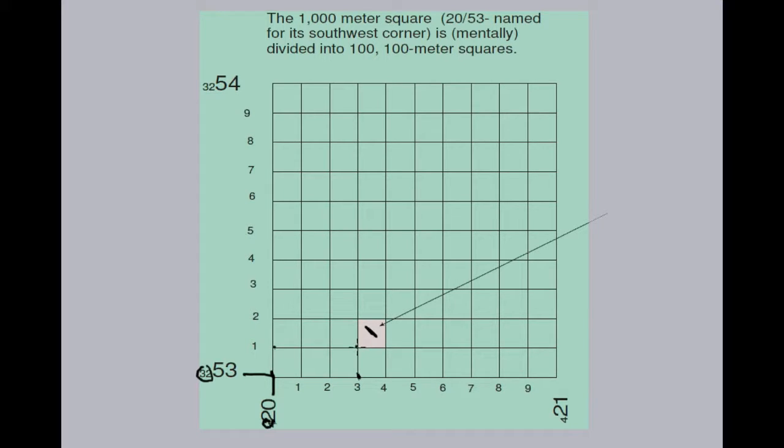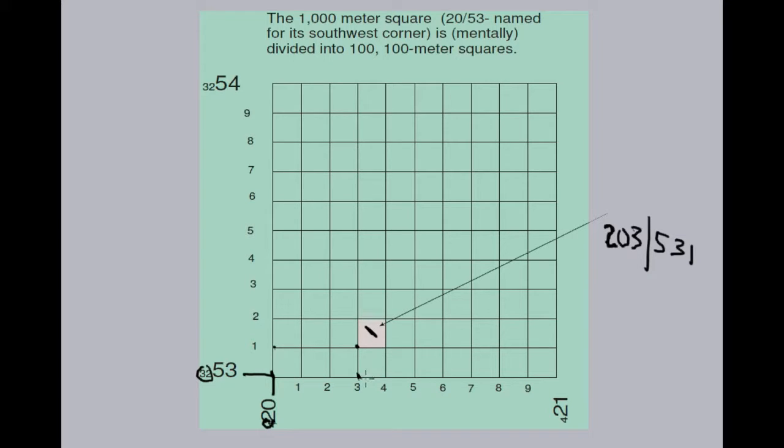So this coordinate right here would be 2, 0, excuse the writing here, make that a better 2. This little electronic pen's kind of tricky. That would be 203 by 531.